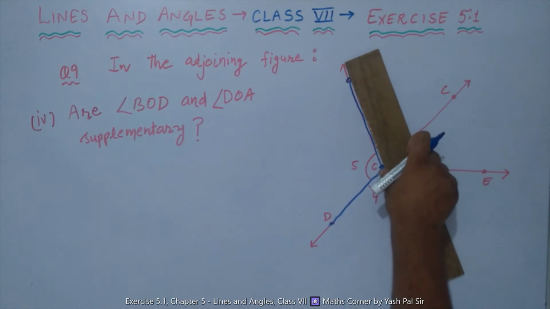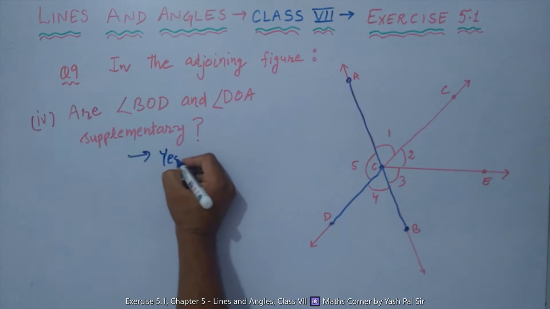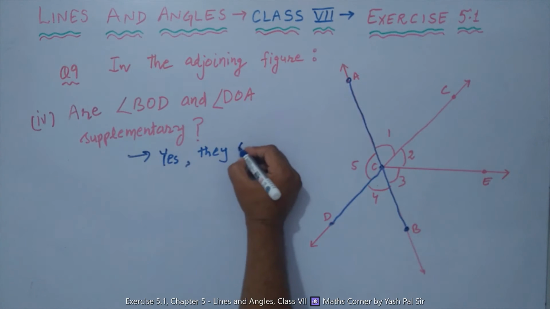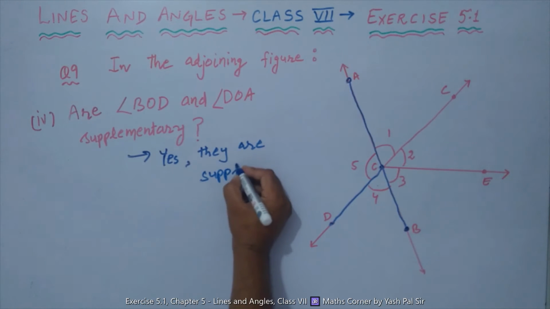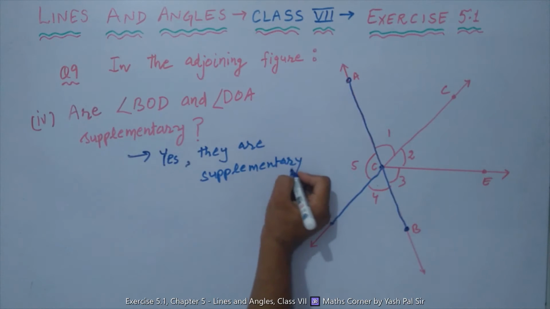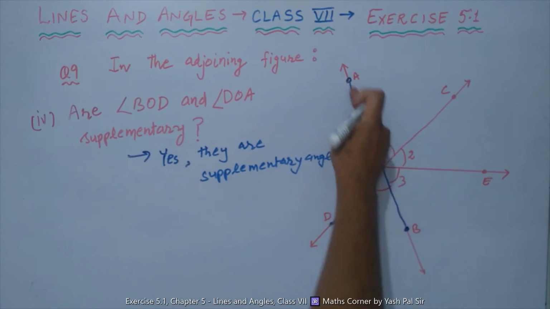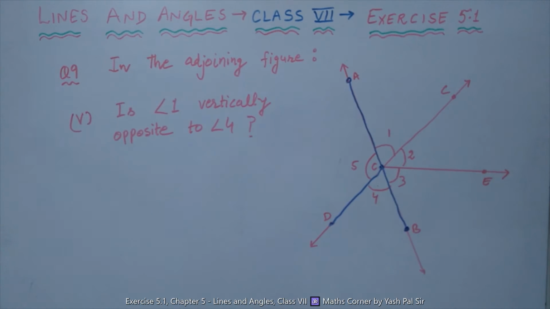So yes, they are supplementary angles, because on the same line the sum of angles is equal to 180 degrees. 180 degree sum means supplementary angles.